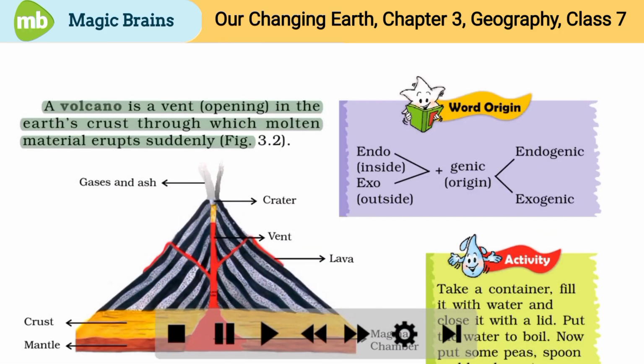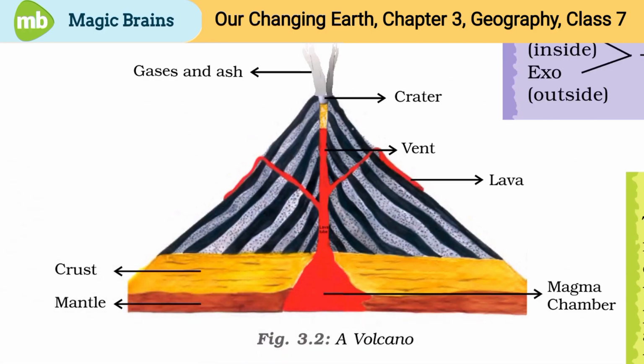Page 13. A volcano is a vent or opening in the Earth's crust through which molten material erupts suddenly. We have a figure below this text representing a volcano. We can see things like mantle, crust, magma chamber, lava, vent, crater, gases and ash as the volcano erupts.